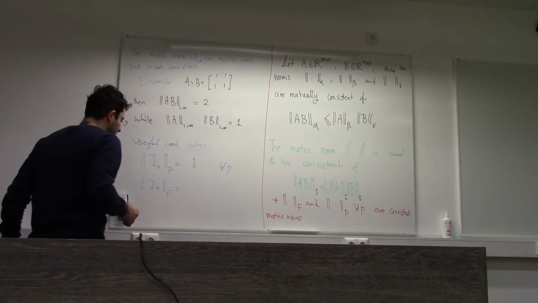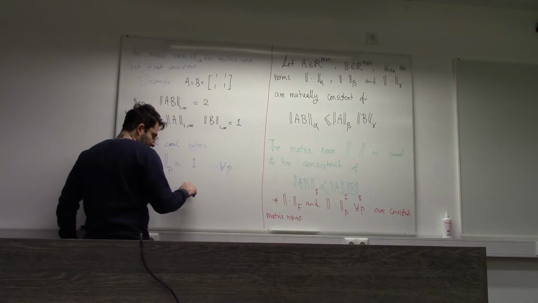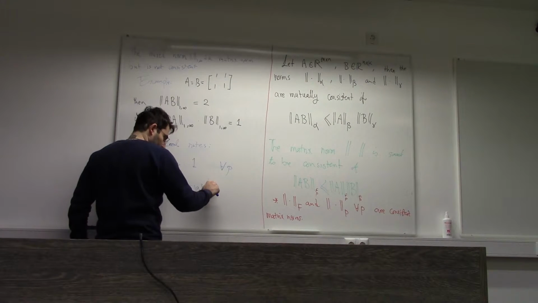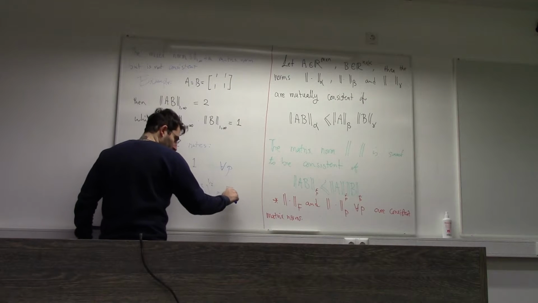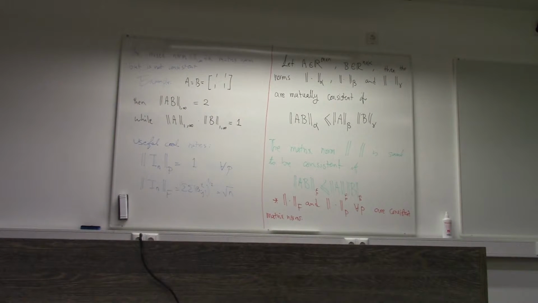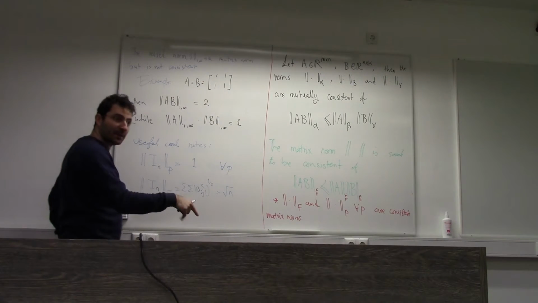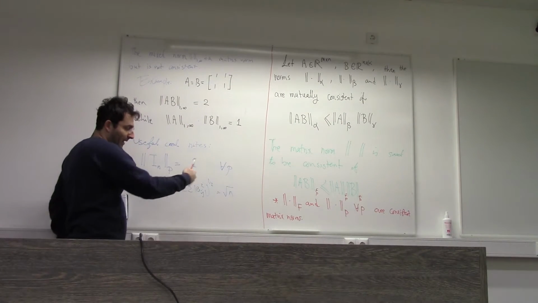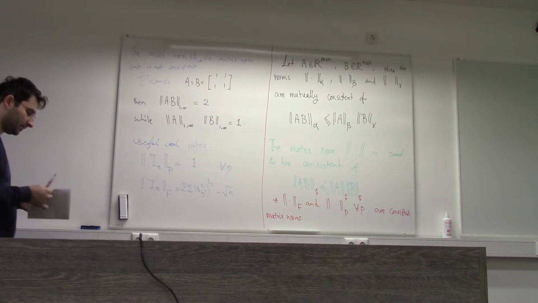So that's one. No. It is the square root of n. Because how many ones do we have? Everything is 0 except the elements of the main diagonal. How many of them do I have? n of them. And the result is under the square root.